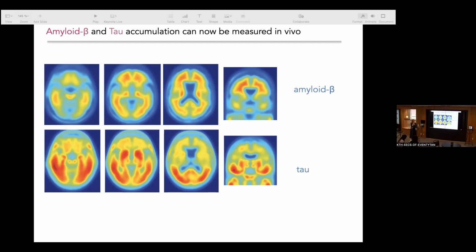It is possible that the tracer passes more, but it's not something we are worried about, because it seems to pass in all cases, and in all cases it seems to bind. So if we had seen a difference in the binding, we would probably have related it to the blood-brain barrier, but we don't see it.